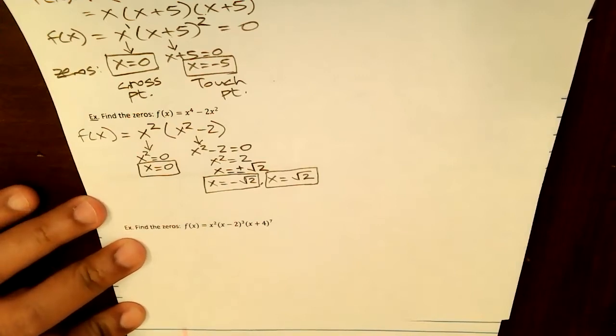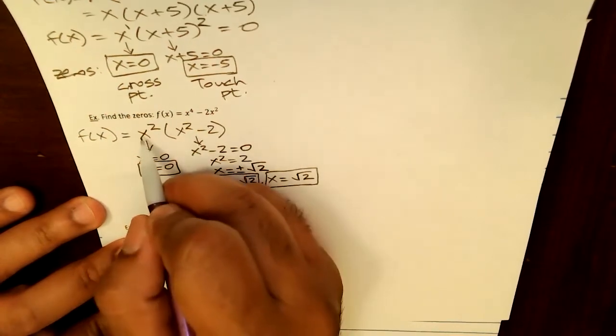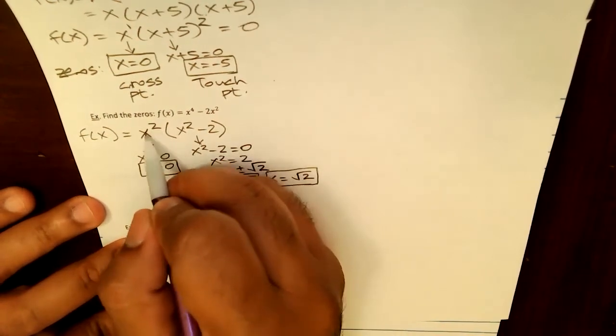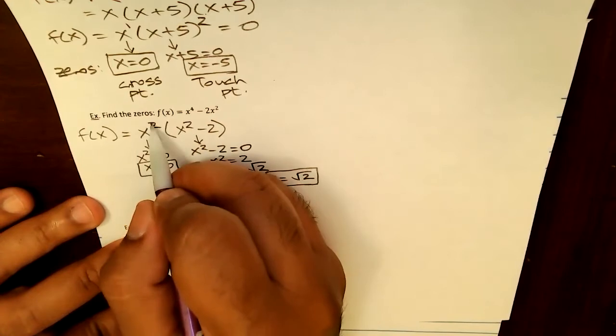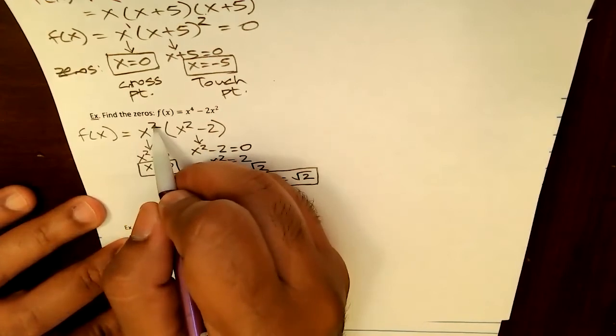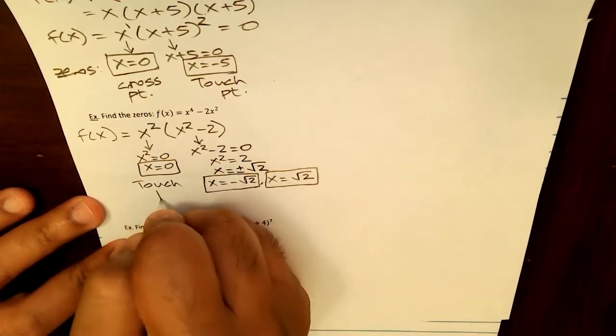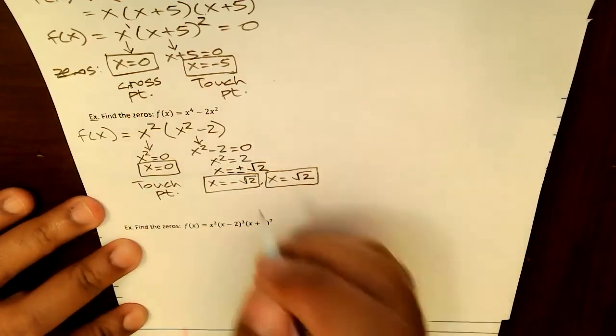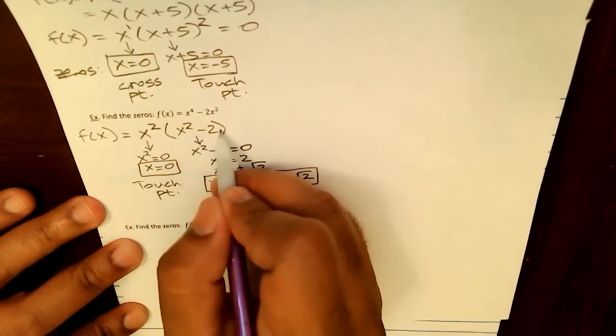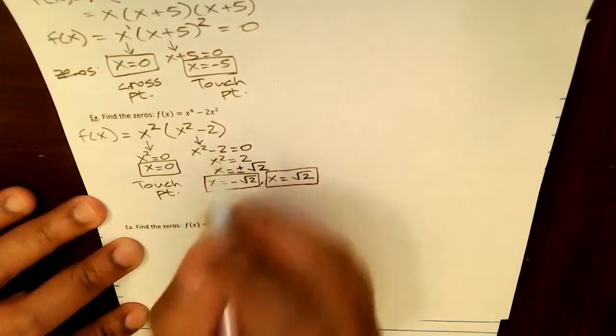Now, to determine if the zeros are crossing or touching, the first one was x squared, so this was power 2. So the multiplicity is an even number. When it's an even number, that tells me that my graph is going to be a touch point. Now this factor here was x squared minus 2.